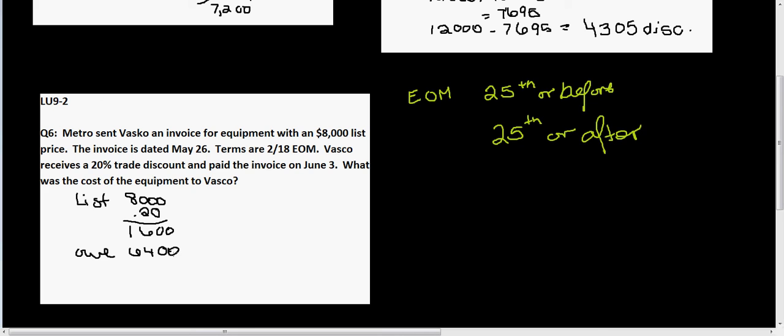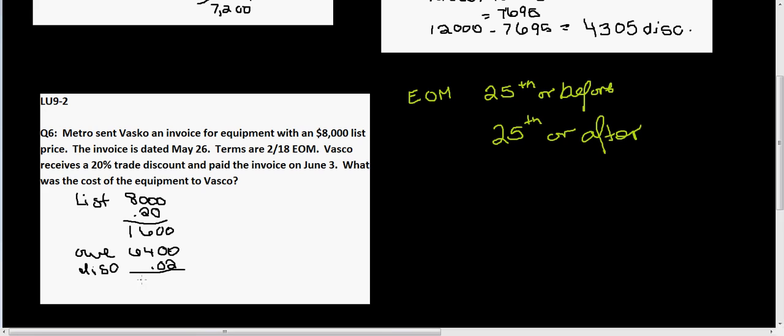All right. Now, because I'm paying it on June 3rd, which is definitely within the discount period, because remember, it's 18 days and a month. After the 26th, I get all of June free, and then I'm looking into July. So I get the discount, 2%. My discount is 0.02 of my purchase price of $6,400.